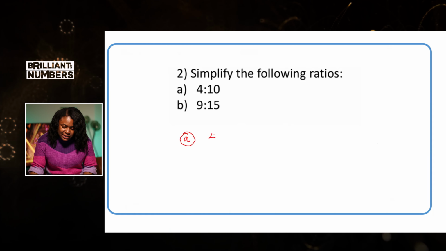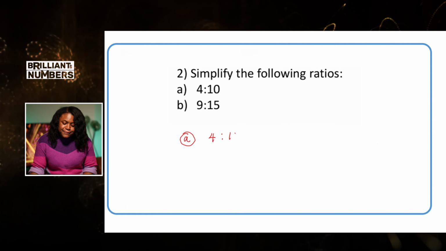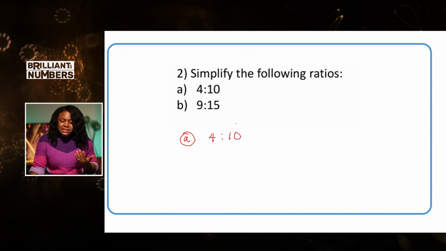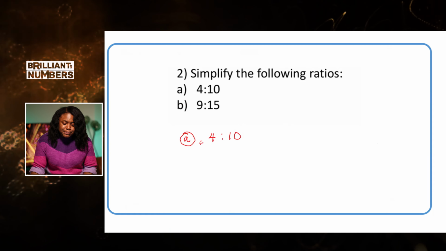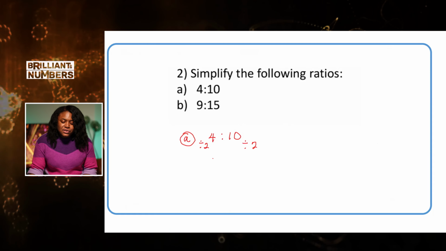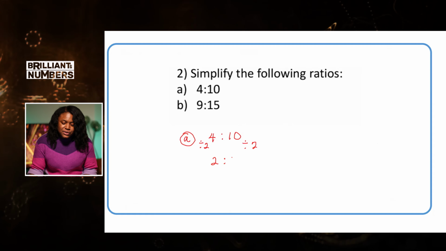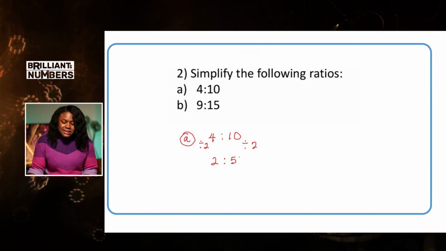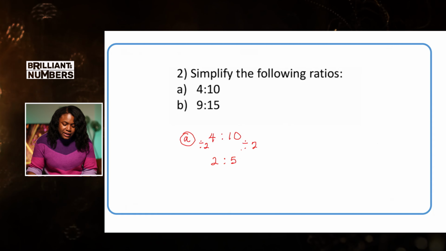So I'm just going to go ahead and write 4 : 10. I can see here that 2 is a factor, so I need to divide both sides by 2. So I've got 4 divided by 2 is 2 and 10 divided by 2 is 5. So the simplified form is 2 : 5.